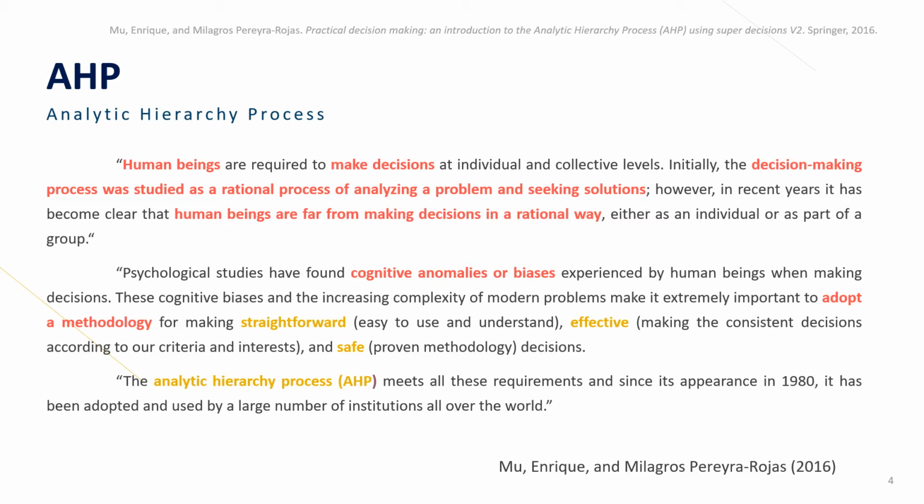So why do we need a tool or a method like this AHP method? It is based on the necessity that human beings always need to make decisions, and the decision making process is a rational process.